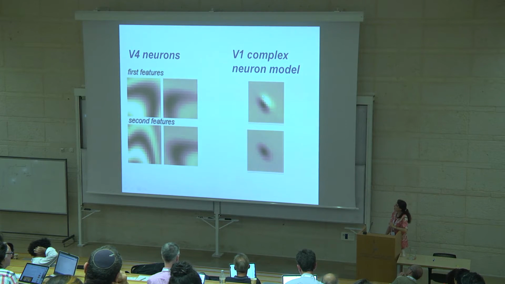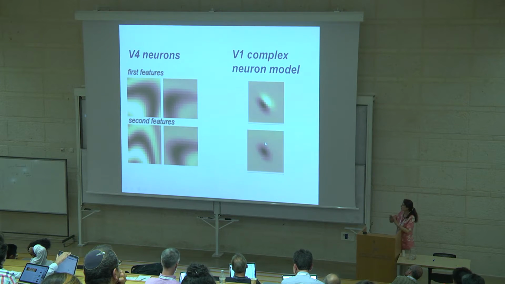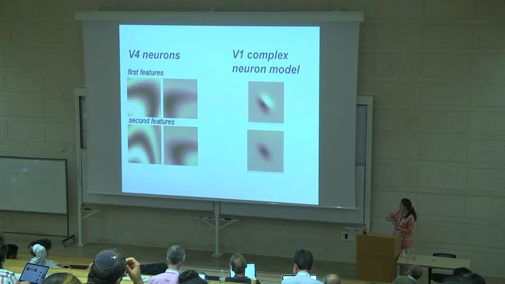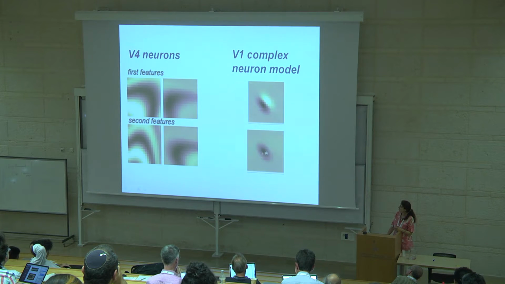For example, they would be selective for an edge, but it would be 2 features. They have the same orientation, but one of them is an edge and the other is more like a bar. If we think about fitting a Gaussian function multiplied by an oscillating function, then one of them would be a cosine in cross-section perpendicular to the preferred orientation, and the other would be a sine.